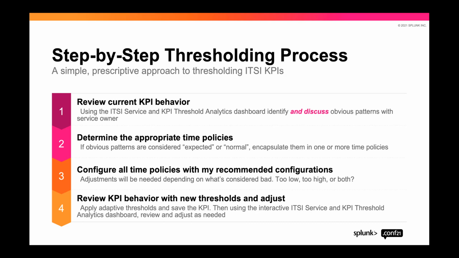You don't need to go through this process. But ITSI really focuses more on the high value KPIs, business process KPIs, response time KPIs. Those are the KPIs you want to discuss with the service owner, to make sure they're comfortable with the pattern and with where this KPI will start to alarm or start to degrade the service as its values go higher or lower depending on its threshold.